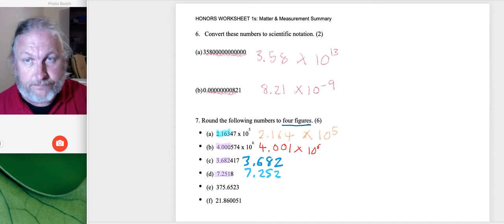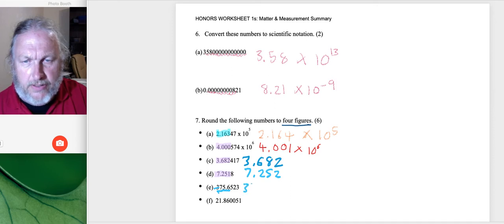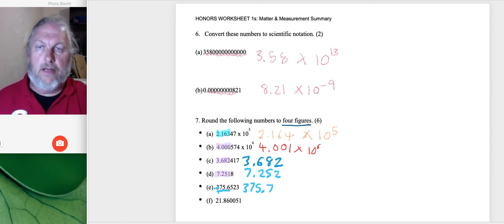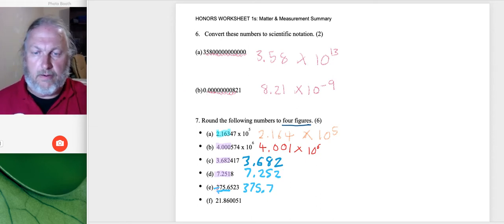Not hard. Now let's look at the next one. 1, 2, 3, 4. Look to the right. There's a 5, so I've got to round up. Let's write it in: 3, 7, 5.7. I'm done. Not hard. Once again, 1, 2, 3, 4.